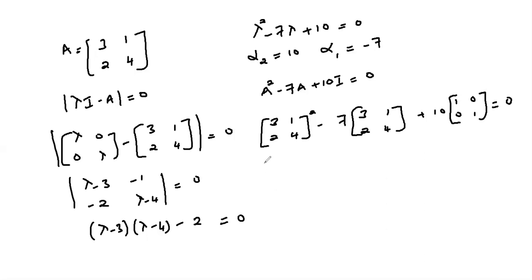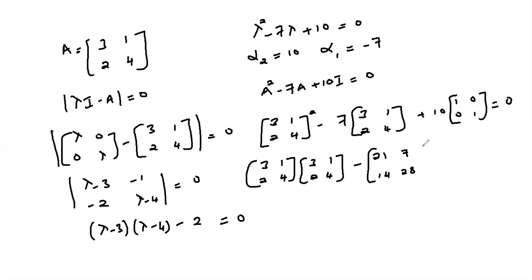Again, upon expansion, we can write this as [3, 1; 2, 4] squared, that means multiplied by [3, 1; 2, 4], minus, we open the brackets here, [21, 7; 14, 28], plus [10, 0; 0, 10] equals 0.